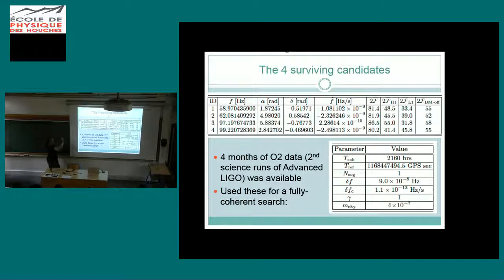So when I look at data from another run and have to look for a signal with this frequency and the spin-down value, and there's been a gap of a year between the two observations, I have to imagine that the spin-down has acted for 3 times 10 to the 7 seconds and moved this frequency value to another value.